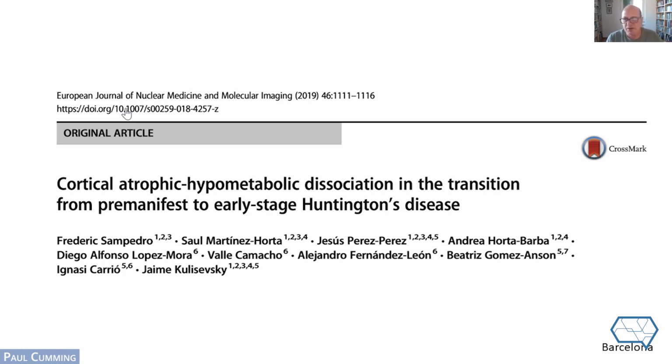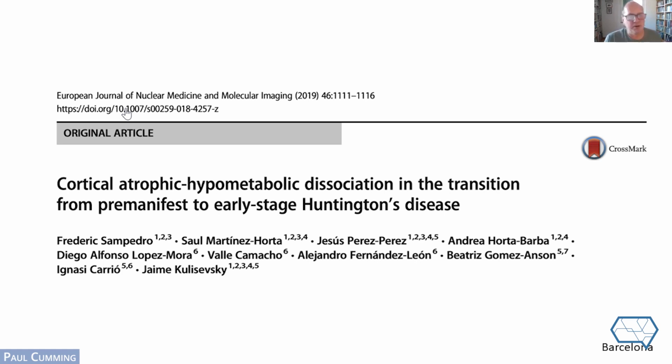And at that time, in the early 1980s, before the discovery of the Huntington gene, I think in 1983, if I'm not mistaken, there was a brief window of time where FDG PET could have been used to detect preclinical loss of metabolic capacity in the caudate putamen in people who had a family history of Huntington's and did not know and worried that they might be at risk for developing Huntington's.